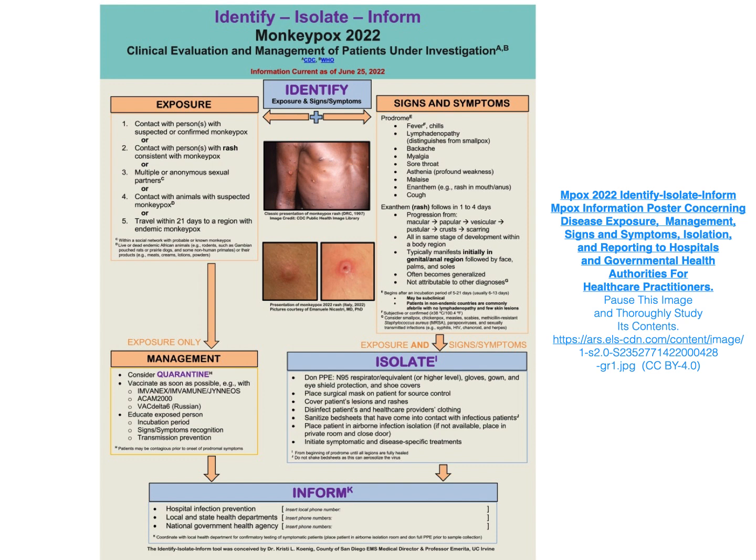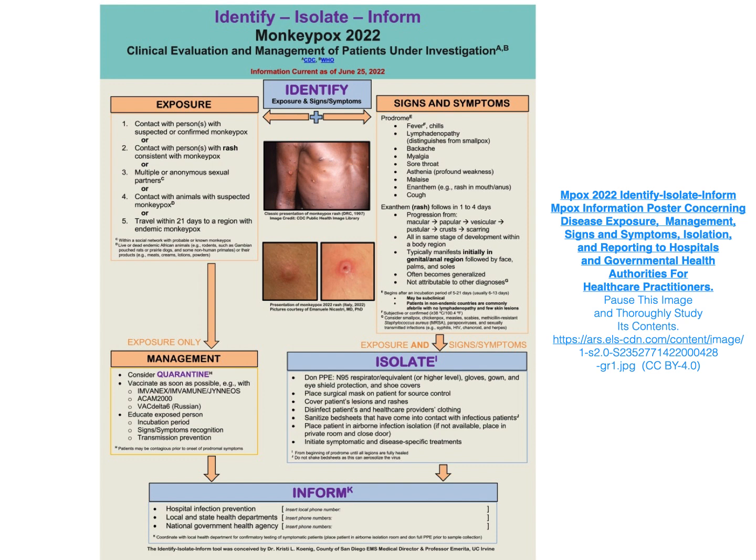Exposure: contact with persons with suspected or confirmed monkeypox, or contact with persons with rash consistent with monkeypox, or multiple or anonymous sexual partners, or contact with animals with suspected monkeypox, or travel within 21 days to a region with endemic monkeypox. In the case of exposure only, management: consider quarantine. Vaccinate as soon as possible. Educate exposed person concerning incubation period, signs, symptoms recognition, and transmission prevention.